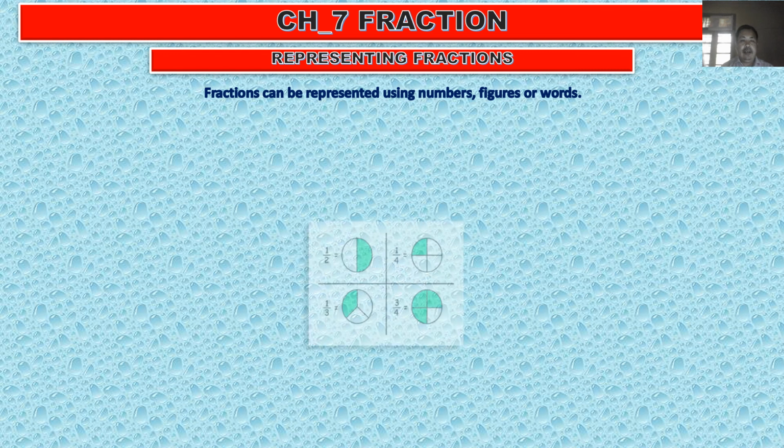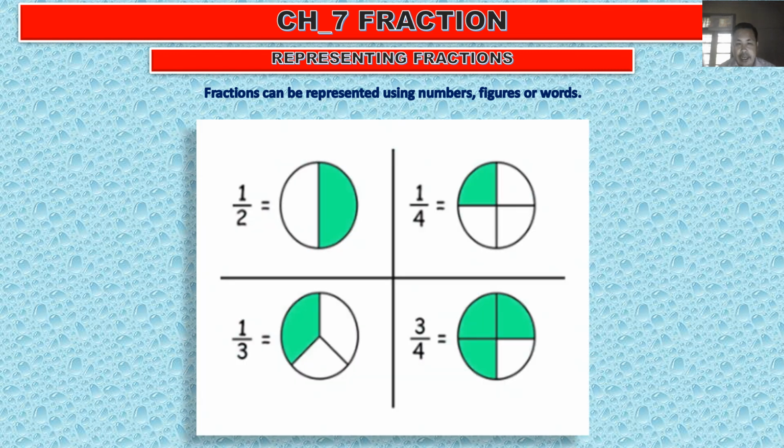In the diagram you can see four figures. The first one is the fraction 1 by 2, and it is represented by a figure where half of the portion is shaded. Next, 1 by 4 is represented by a figure divided into four parts where one part is shaded.